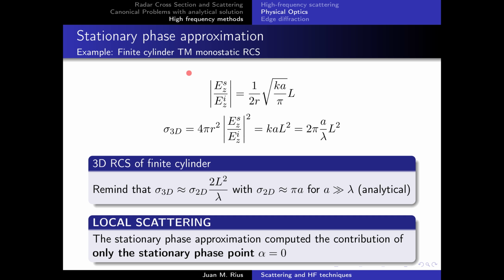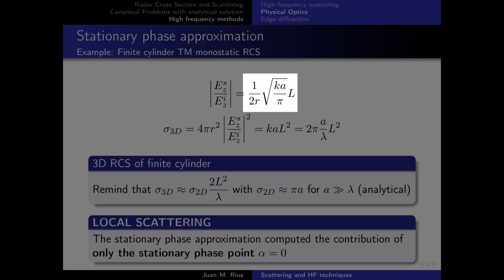So this is what we got in the slide before. We compute the three-dimensional RCS, which is equal to 4 pi r squared times the square of the scattered field over the incident field.